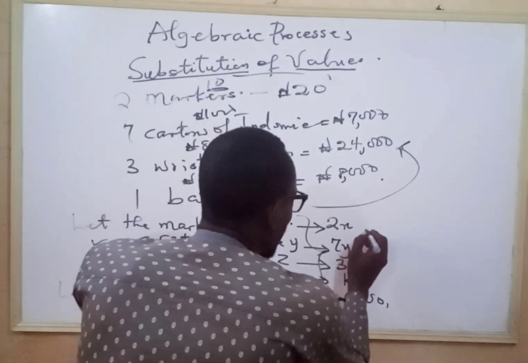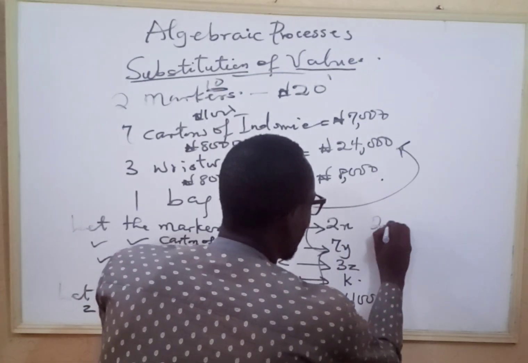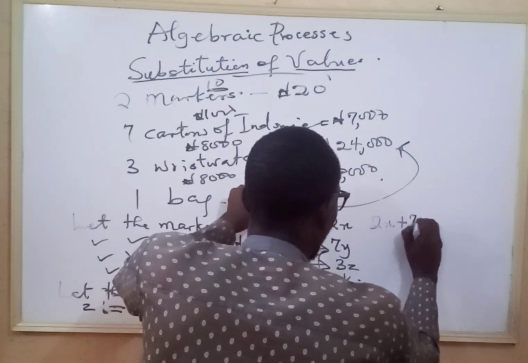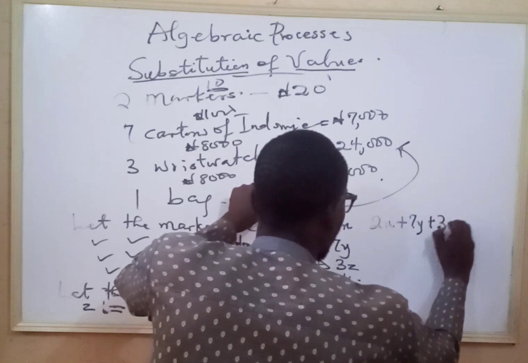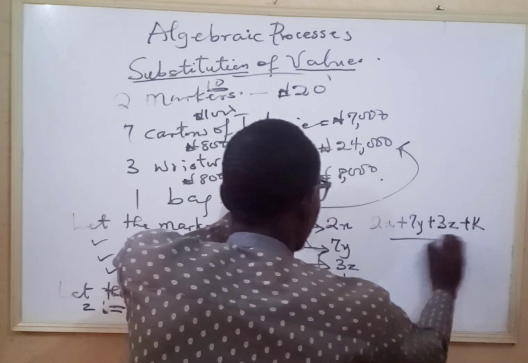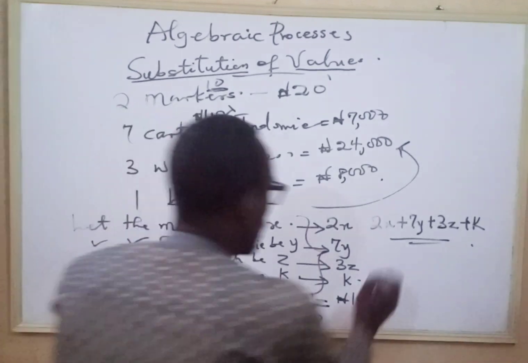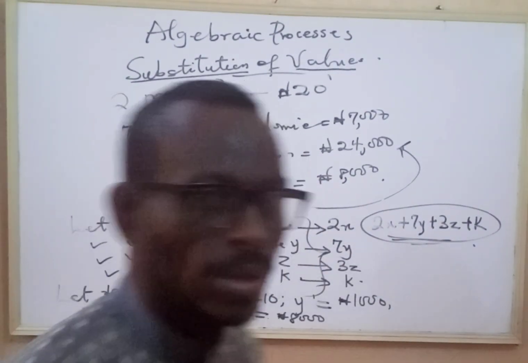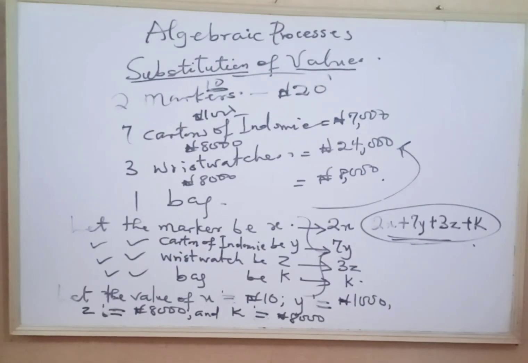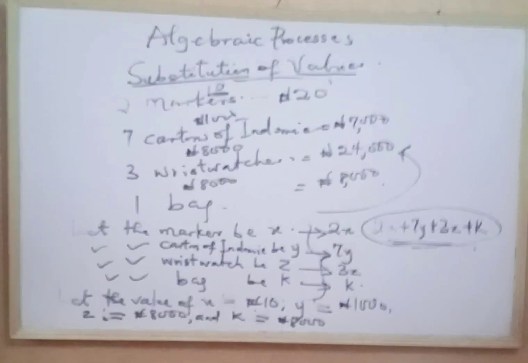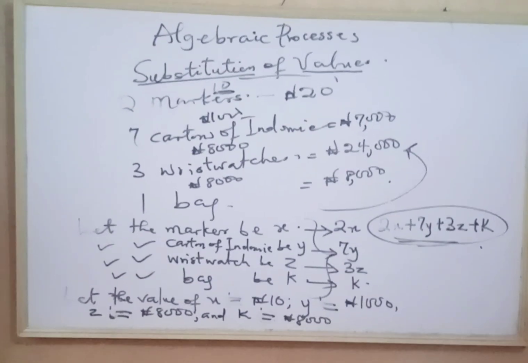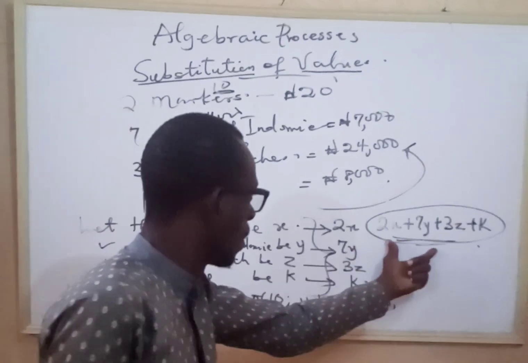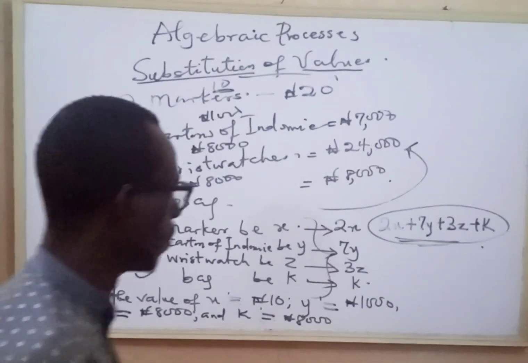So mathematically now, we have it to be 2s plus 7y plus 3z plus k. This is the expression. That is the mathematical expression of those items you have picked from the shelf.